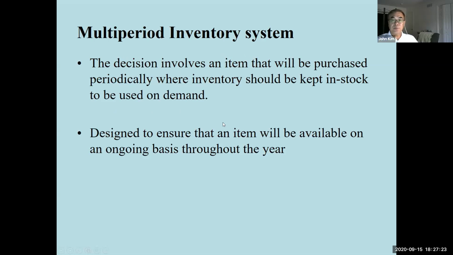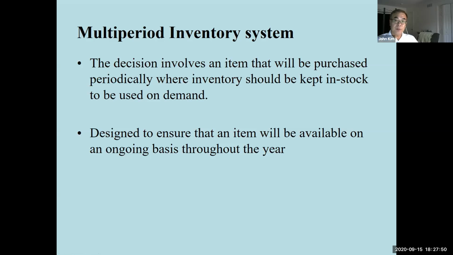Multi-period inventory system, the decision involves an item that will be purchased periodically, where inventory should be kept in stock to be used on demand. Decide the order size and then use that order size again and again during a multi-period.